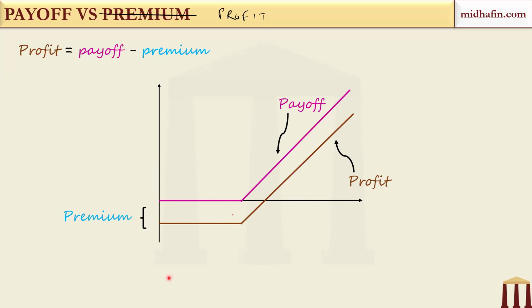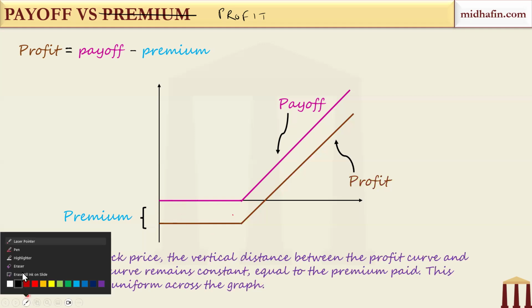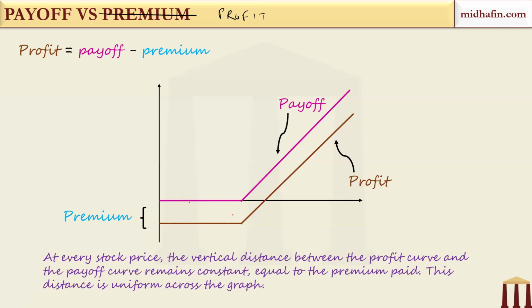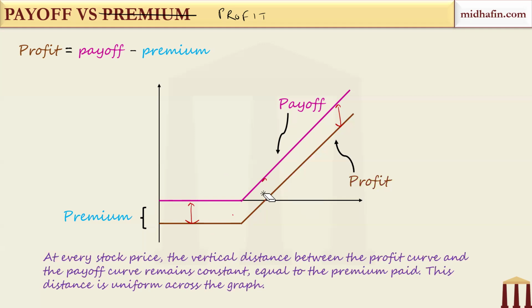At every stock price, the vertical distance between the profit curve and the payoff curve remains constant. You can check that at every point. Whether you measure this distance over here or anywhere else, it stays constant.